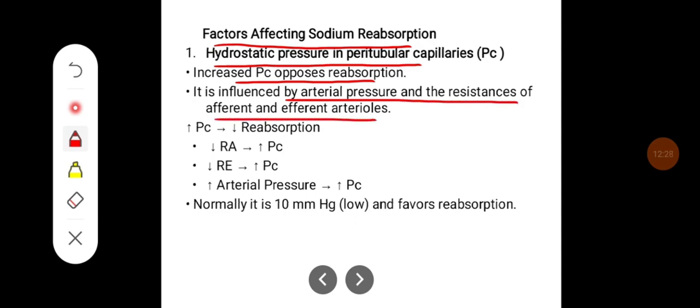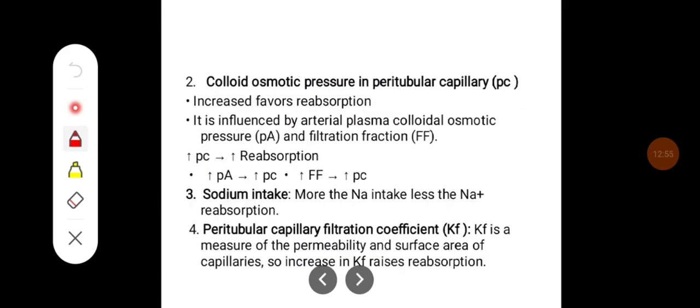If there is decreased resistance in the afferent arteriole, the capillary pressure is going to increase. If the resistance decreases in efferent arteriole, the peritubular capillary pressure is going to increase. Increasing the arterial pressure increases the peritubular capillary pressure. Normally, it is around 10 mm of mercury and favors the reabsorption.